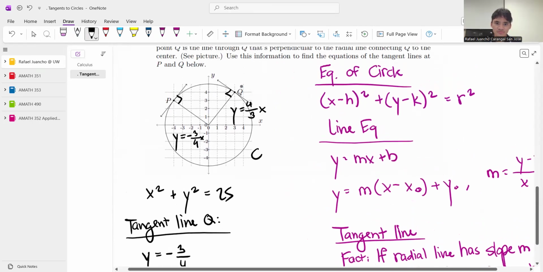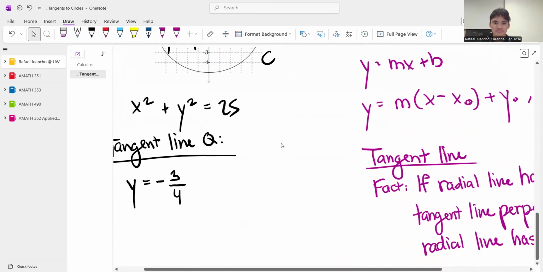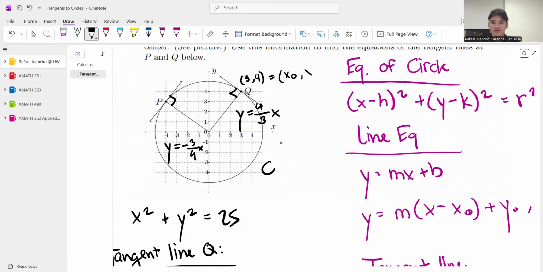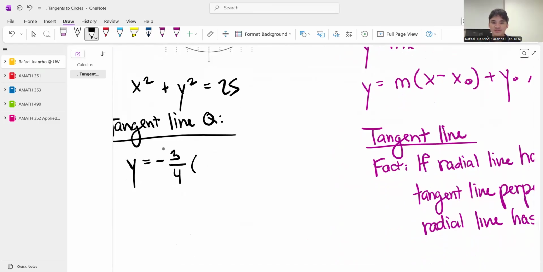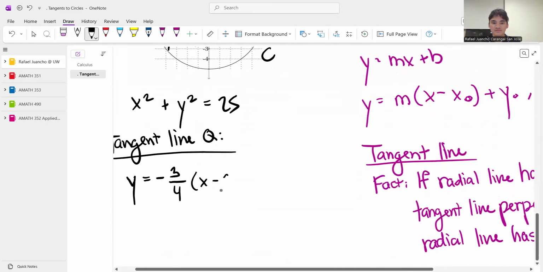How do I know? Well, the point is here. We just connected, that would be 3, 4. So my x naught is 3, my y naught is 4. So again, just fill out the puzzle yourself. x minus x naught is 3. y minus y naught is 4. That's the line.